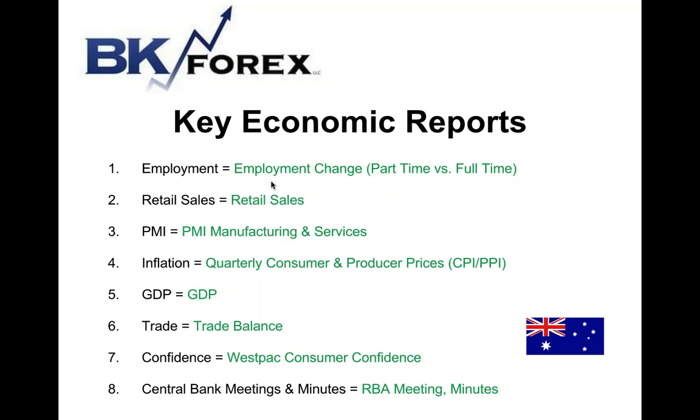But the true number, the number that the market really looks at, is full-time jobs versus part-time jobs. Because very often, and this is one of the things that can fool a rookie trader, let's say the number comes out, 25,000 new jobs created. And then 5 seconds later, they say, oh, there were 10,000 full-time jobs lost and 35,000 part-time jobs created.